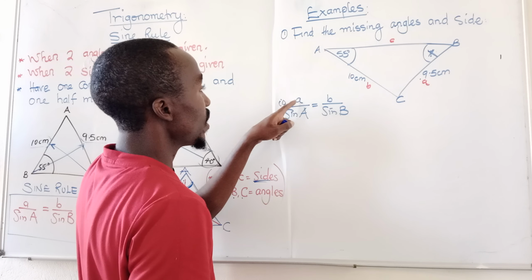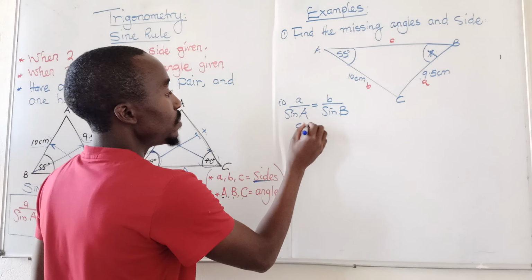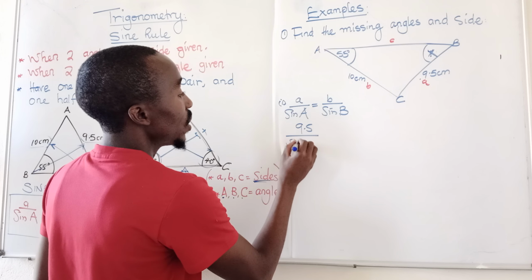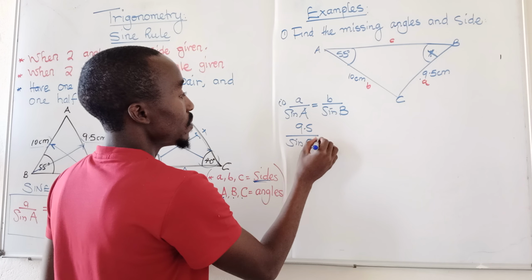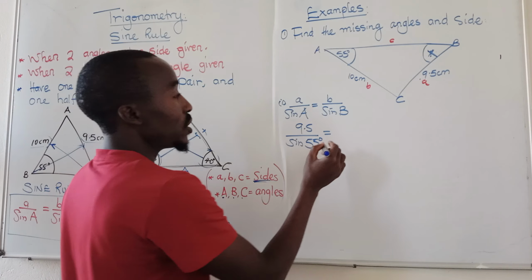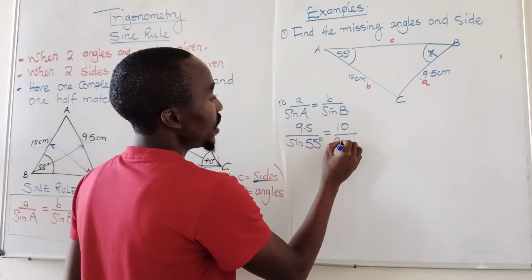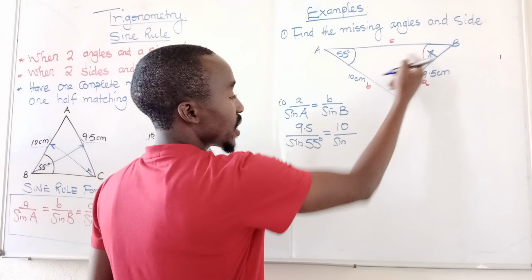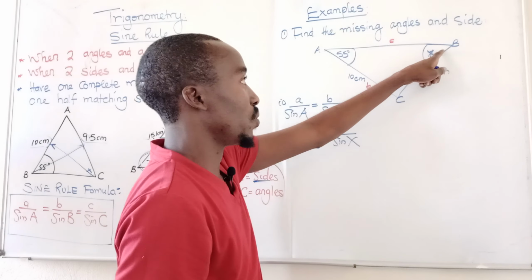Small a is 9.5, over sine A, which is 55 degrees. Equals b, which is 10, over sine B, which is X. We are not given it, so it's what we are finding. We are finding this angle.